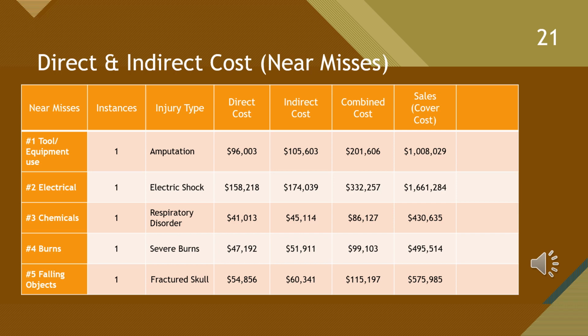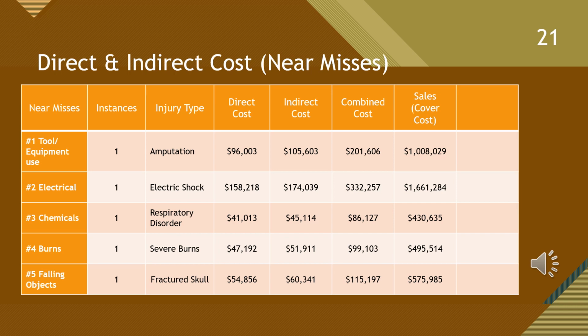for the direct cost. And the direct costs are the immediate workers' compensation claims, which cover medical costs, and the payments that an injured worker needs directly.